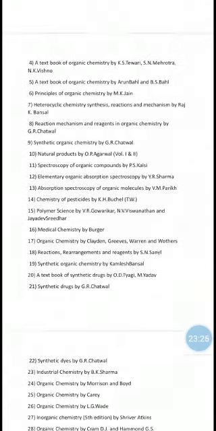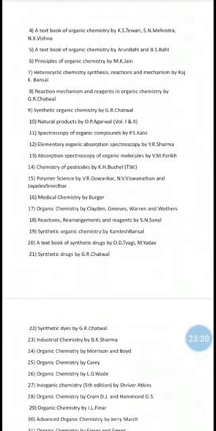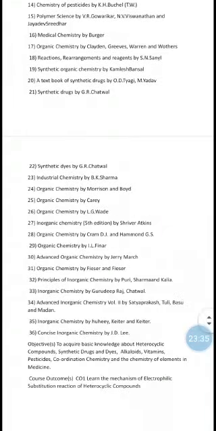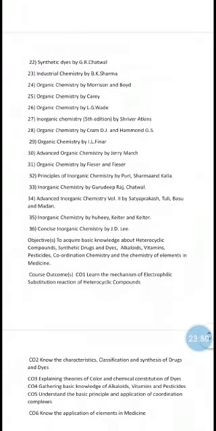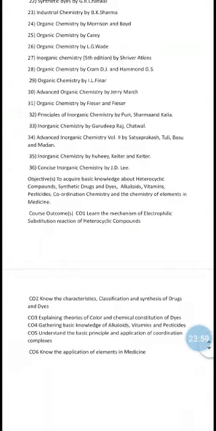Medical Chemistry by Berger, then Organic Chemistry by Clayden, Greeves, Warren and others. And then for the inorganic section, you may go through Inorganic Chemistry by Gurudeep Raj Chatwal, then Advanced Inorganic Chemistry by Satyaprakash Tuli Basu, Inorganic Chemistry by Huheey, Keiter and Keiter, and then lastly a very important book, that is Concise Inorganic Chemistry by J.D. Lee.